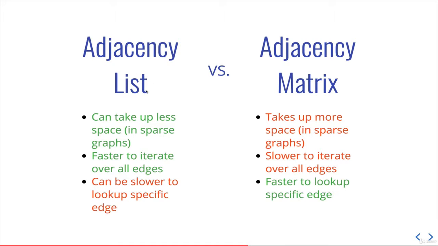An adjacency list, as we've already talked about, can take up less space in sparse graphs where you don't have as many edges, compared to an adjacency matrix, which takes up more space, V squared, where V is the number of vertices. If all you want is to know the edges, to iterate over all of the edges and access all of them, it's easier to do with an adjacency list.